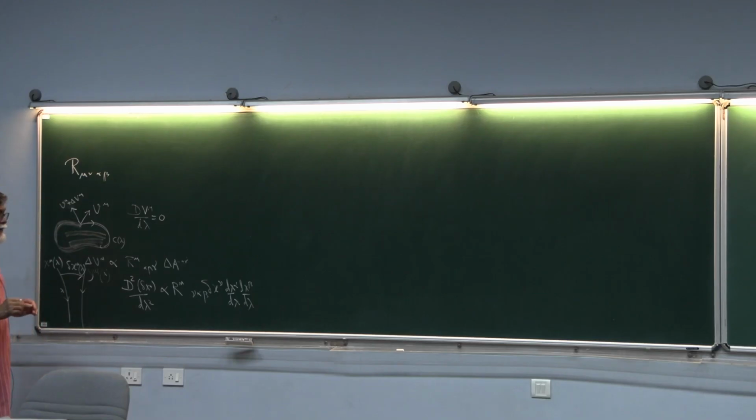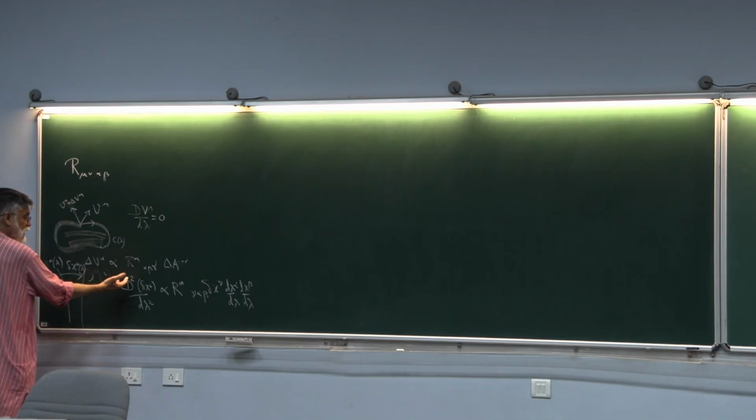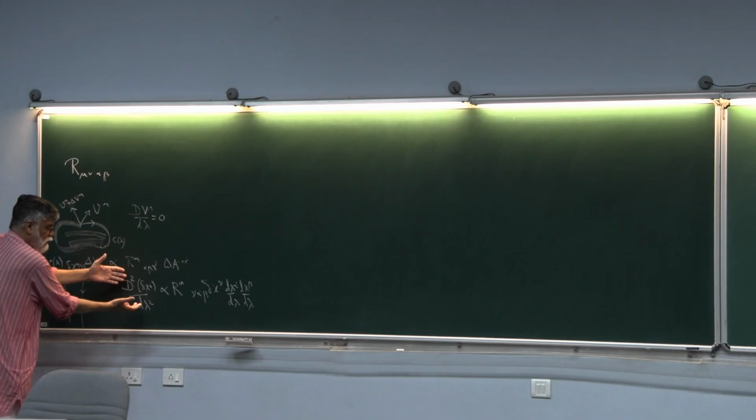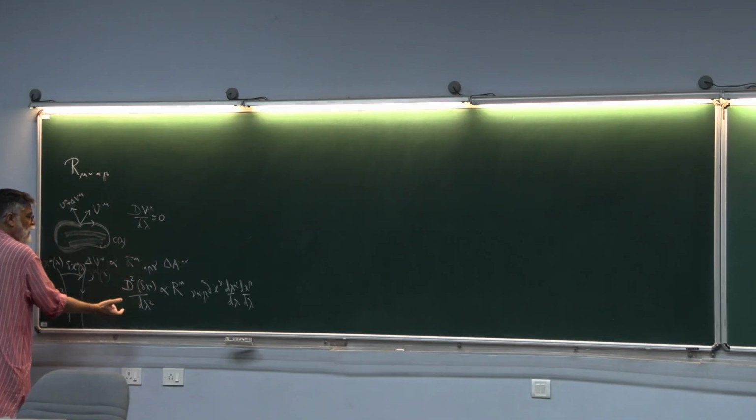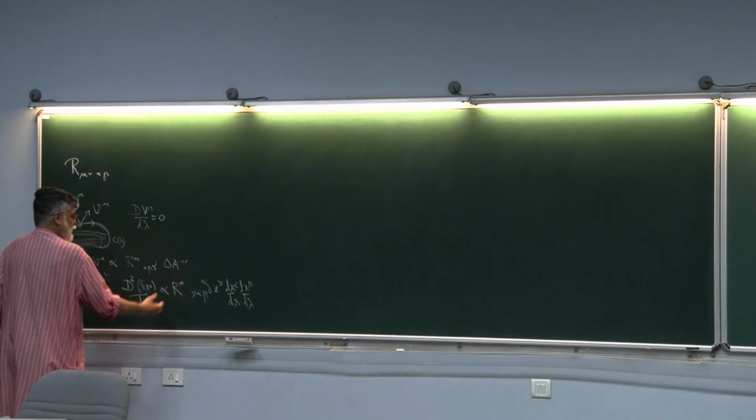So, in other words, the physical significance of the Riemann curvature tensor is that if you have two freely falling test particles close by, the vector connecting them undergoes a well-defined acceleration, and this acceleration is proportional to the Riemann curvature tensor.